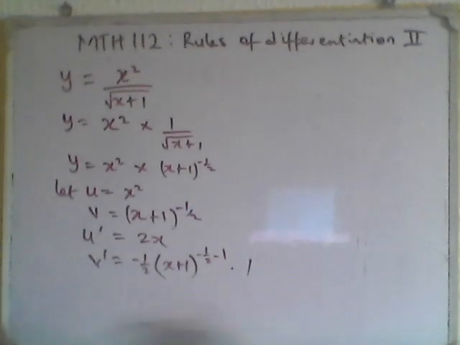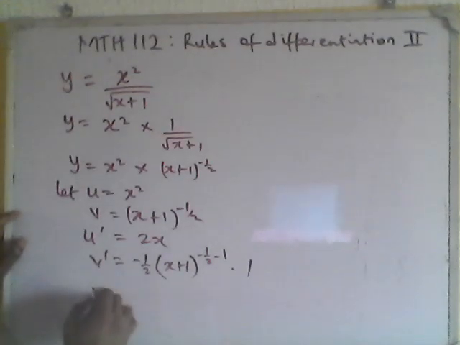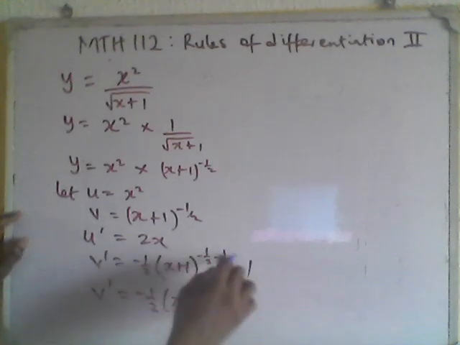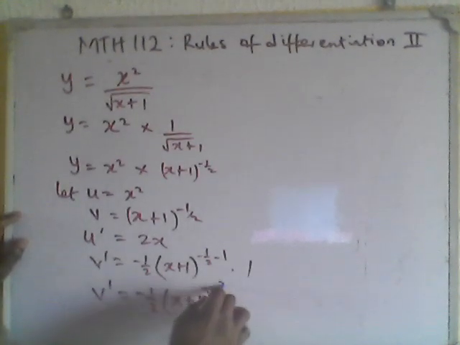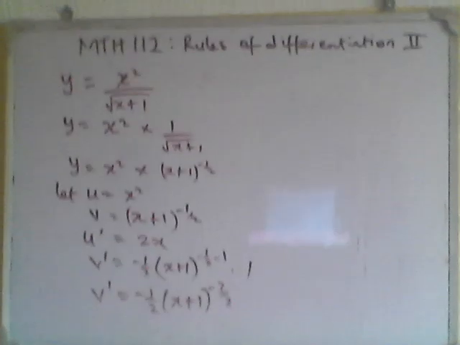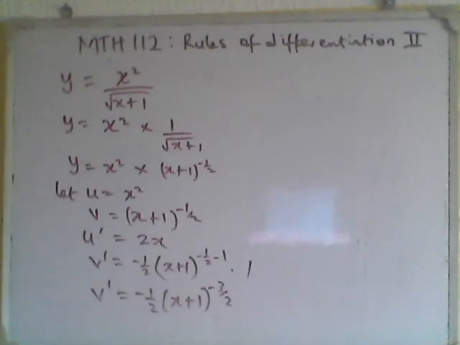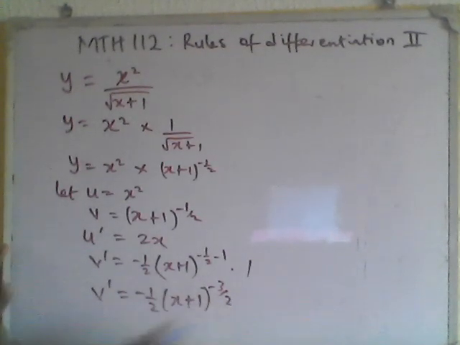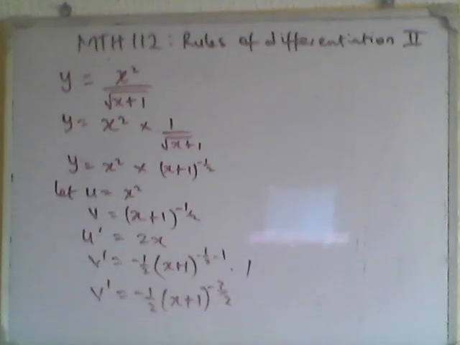To simplify this further, v prime is equal to minus half, then x plus 1 to the power minus 3 over 2. So this is the differential of this, right? Okay, so no, not 3 over 2. Yes, it's 3 over 2.